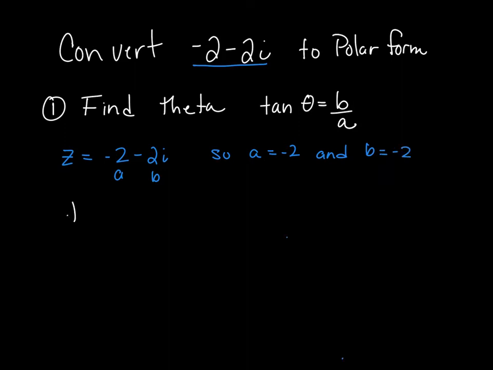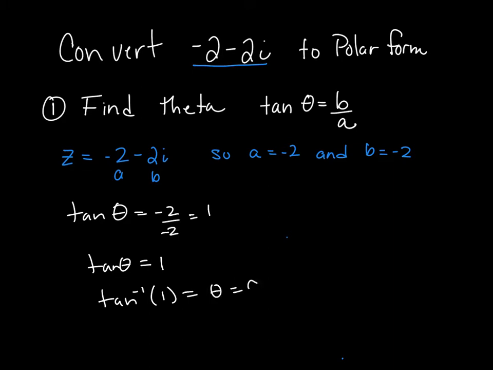So what we have here is that the tangent of theta is equal to negative 2 over negative 2, or equal to 1. So the tangent of theta is equal to 1, and that happens when theta is equal to pi over 4.